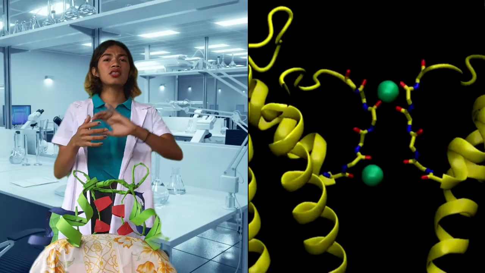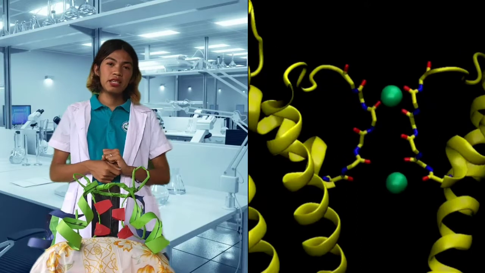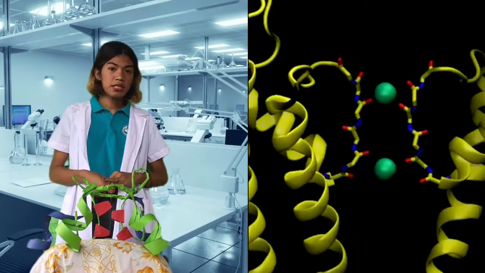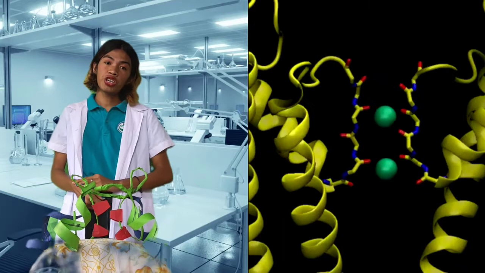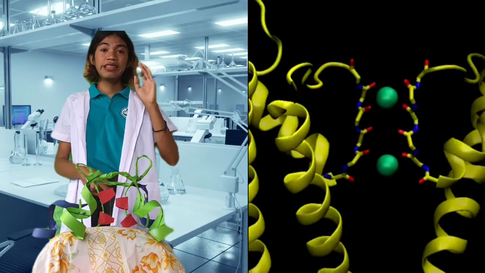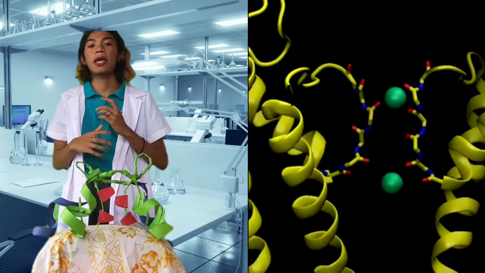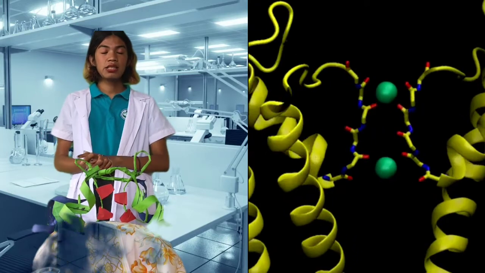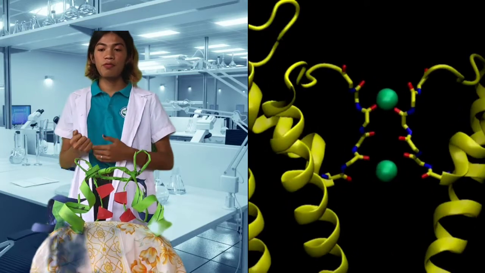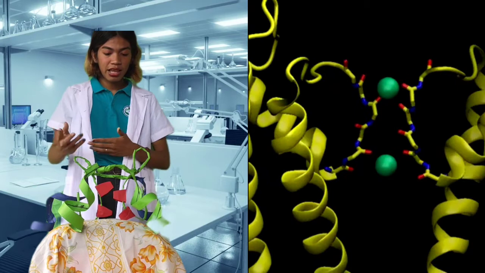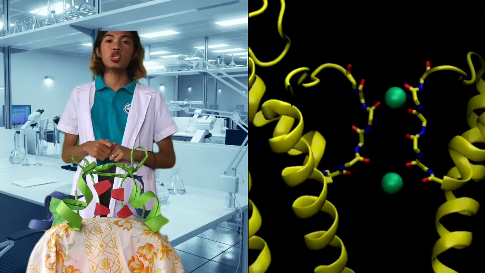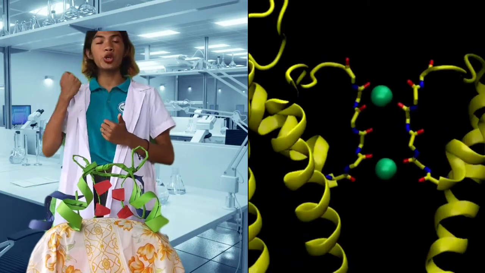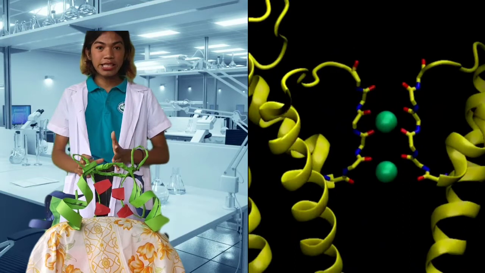We have discussed what is KcsA, what are the parts of KcsA, what is the function of KcsA, and now let us discuss what is the importance of KcsA. As said, the KcsA is composed of a highly conserved amino acid sequence.